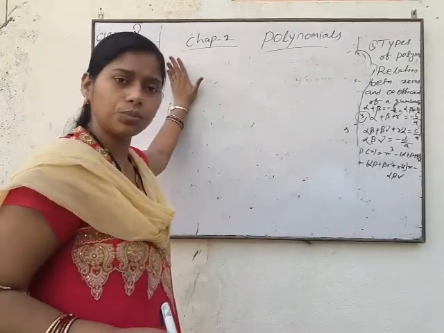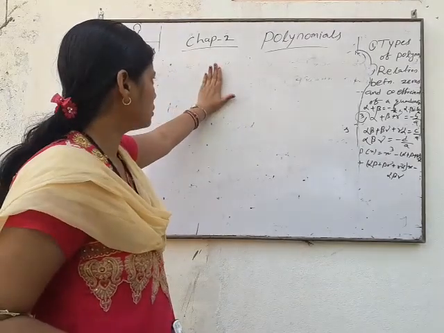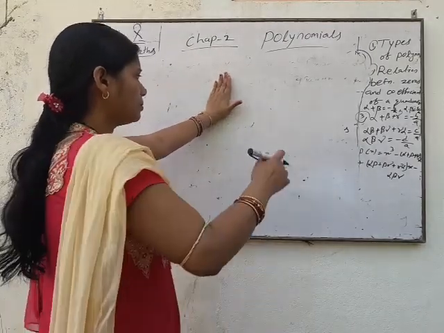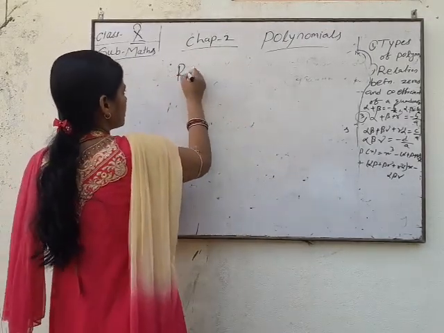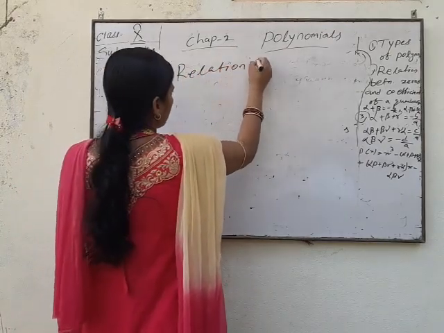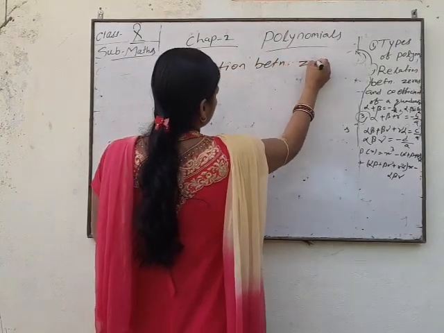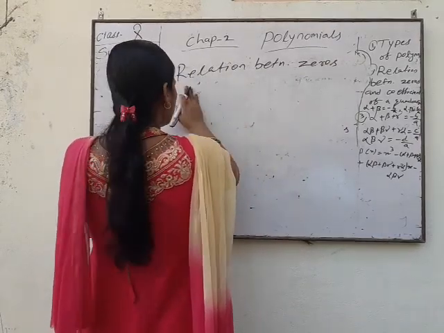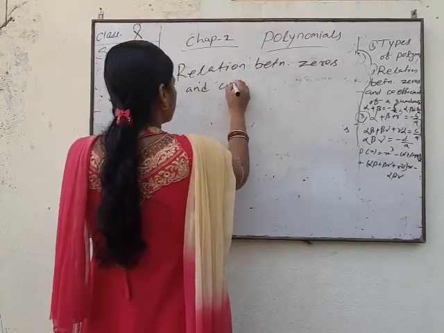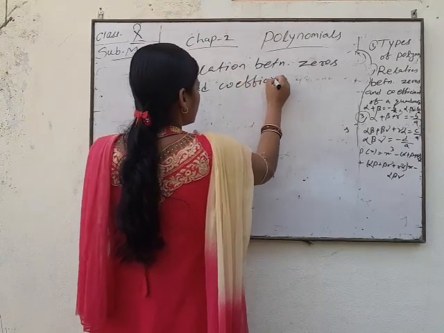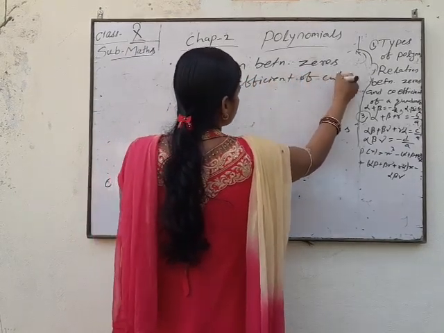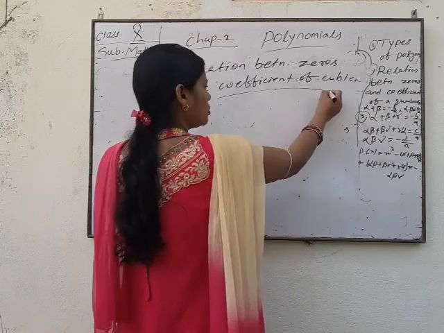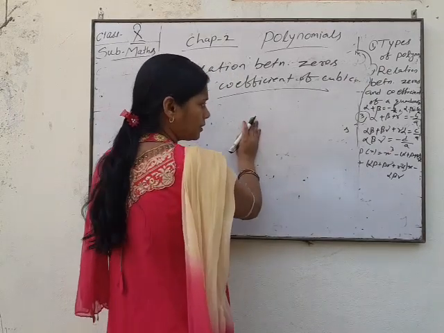You can prove the relation between the zeros and coefficients of a cubic polynomial the same way as for the quadratic polynomial.